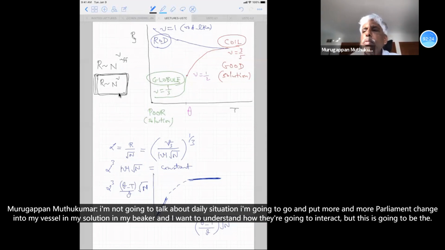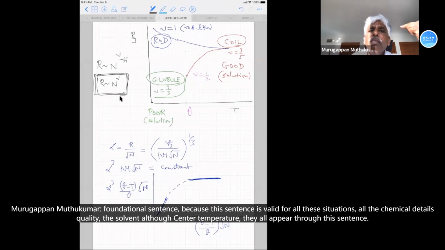I'm not going to talk about dilute solutions. I'm going to put more and more polymer chains into my vessel, in my solution, in my beaker, and I want to understand how they are going to interact. But this is going to be the foundational sentence, because this sentence is valid for all these situations. All the chemical details, quality of the solvent, the temperature, they all appear through this sentence.